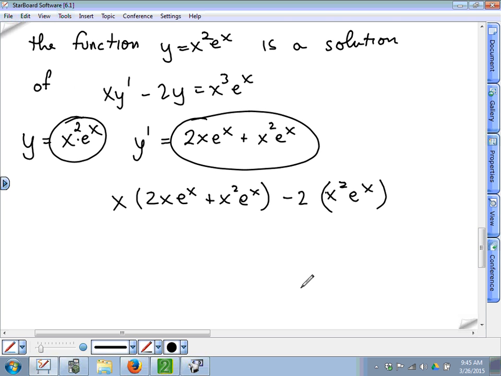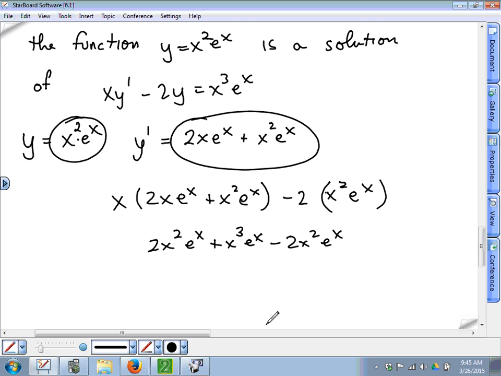Let's first just figure out what that equals. So this is 2x squared e to the x plus x cubed e to the x minus 2x squared e to the x. I just distributed the x there.